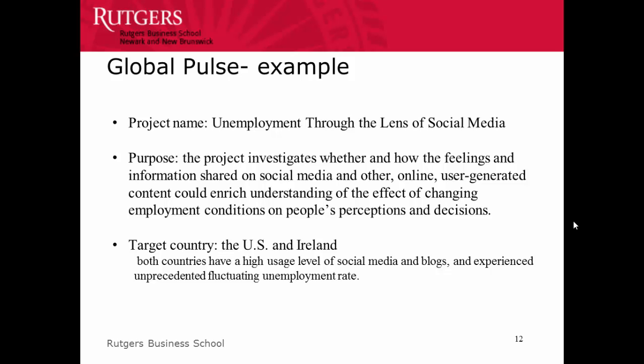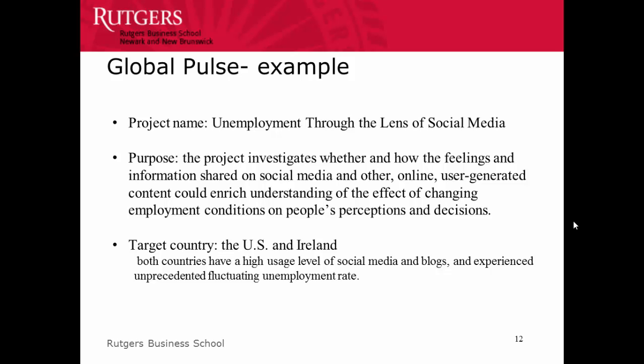So the target countries where they obtain the data are the United States and Ireland, for two reasons. First is that both countries have a high usage level of social media and blogs, so the people there are more likely to share their feelings on social media. Second, they are both experiencing unprecedented fluctuating unemployment rates, especially in the US.